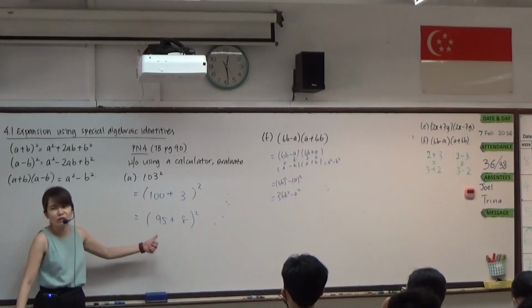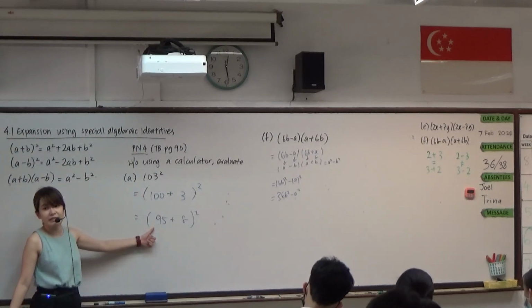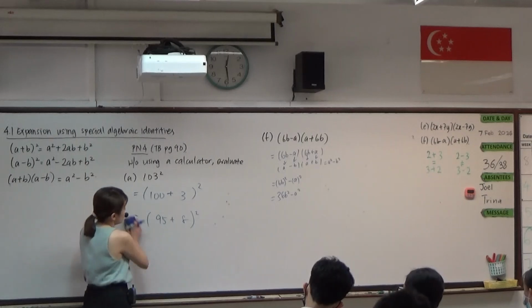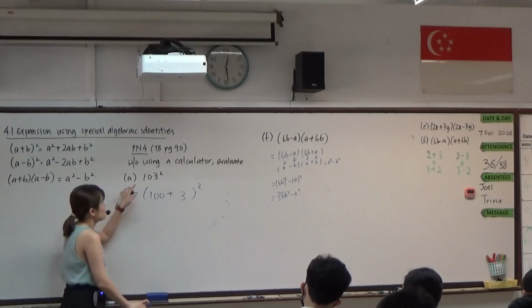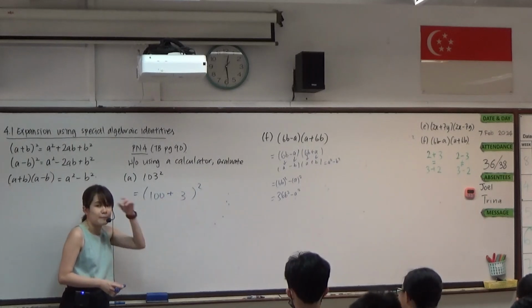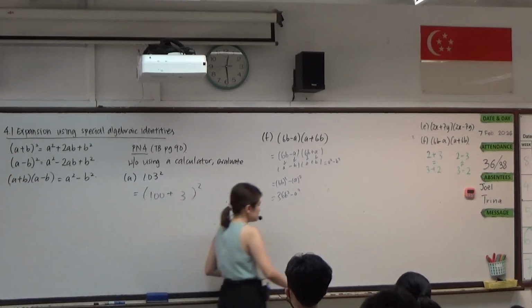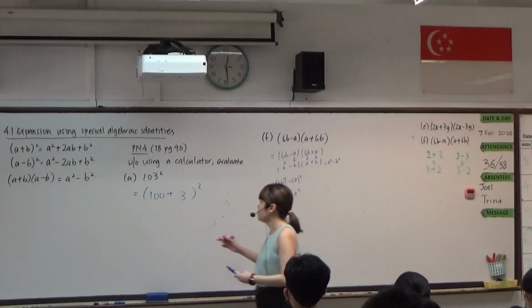They are equal, but that is not easy to calculate mentally. So we strategize to break 103 square into 100 plus 3 bracket square, and that is where I can apply my very first identity, where my A is 100 and my B is 3.